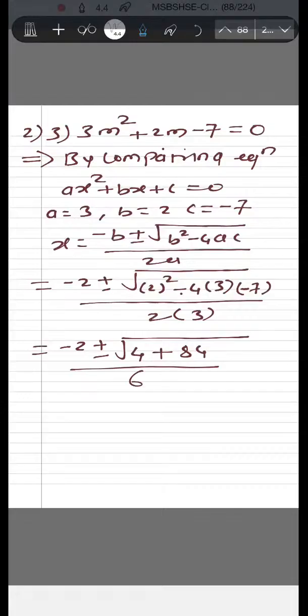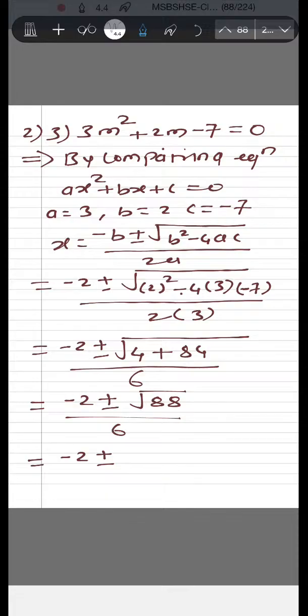Clear? We will solve that more, which is equal to minus 2 plus or minus square root of 88 divided by 6. Okay, see students, that 88 in the square root form, I can write the same thing in another form, which is minus 2 plus or minus square root of 4 into 22 divided by 6.